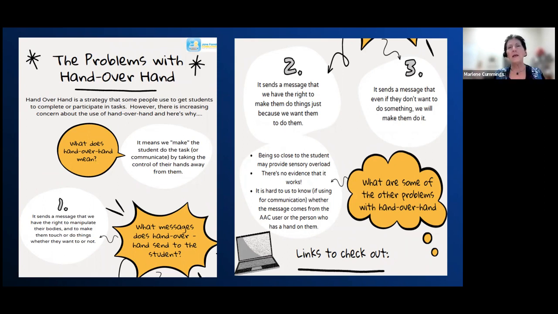And this is a handout, a blog post that was done by a colleague of ours, Jane Farrell. She goes through what it means to do this and some of the things that are not helpful, right? About touching kids and pulling their hands. It doesn't mean that you don't have a GoTalk at some point and you grab their hand and put their hand on top of yours.